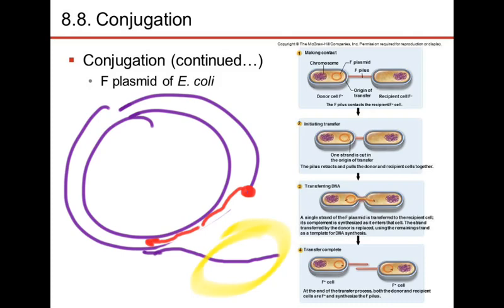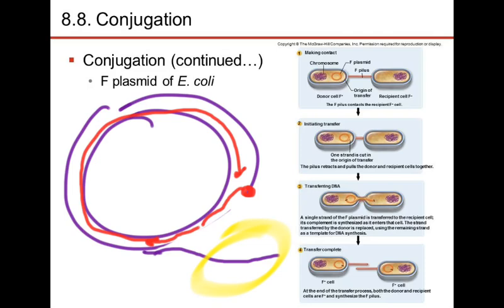DNA polymerase will continue on along that circle, and as it continues, you can imagine that more and more of that strand is going to be pushed off, and more of the strand will be pushed through the sex pilus as that replication process happens. And pretty soon, if there's no interruption, the whole plasmid will be pushed through.